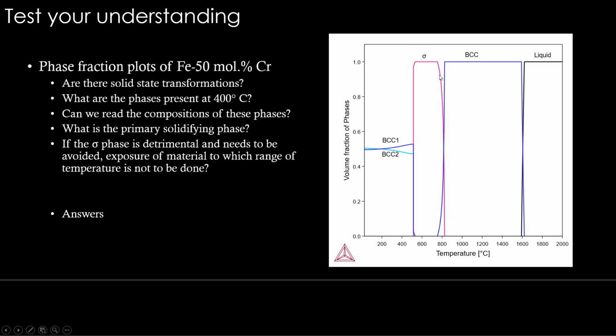Thermodynamics says that, or the phase diagram tells that, if you expose the material to this temperature range, sigma will form, but it doesn't tell you how fast sigma will form. Okay, so if the sigma phase formation temperature range is avoided, let's say we cross this temperature fast, then we can avoid this sigma phase from appearing. So that's one way of looking at this diagram practically, right?